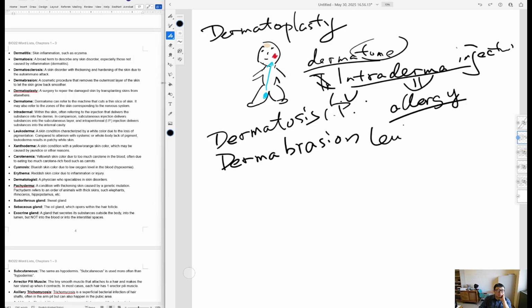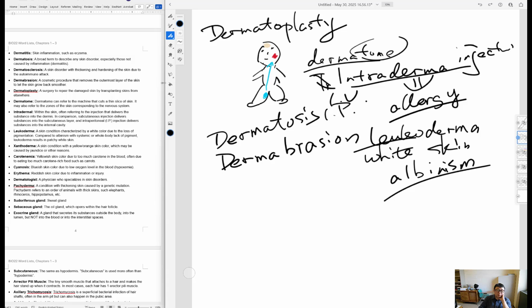Leukoderma. Leuko means white. Leukoderma means white skin, and this is patchy white skin. It's different from albinism.